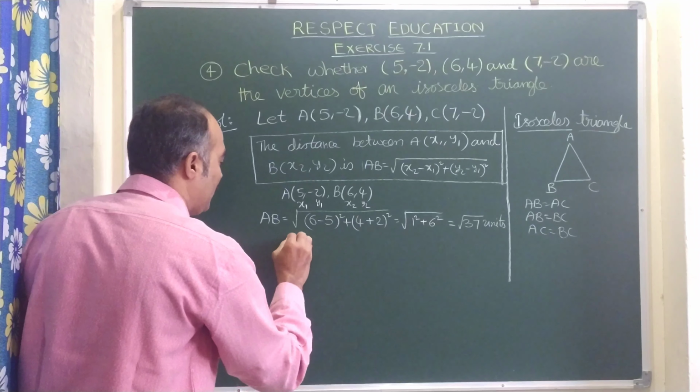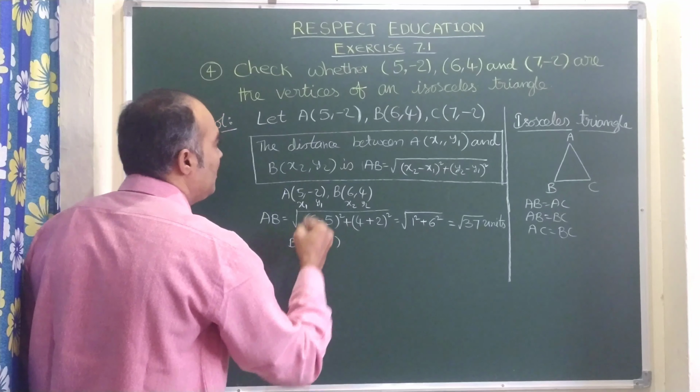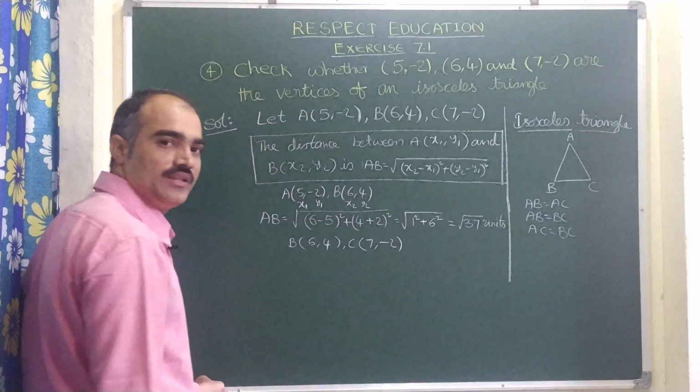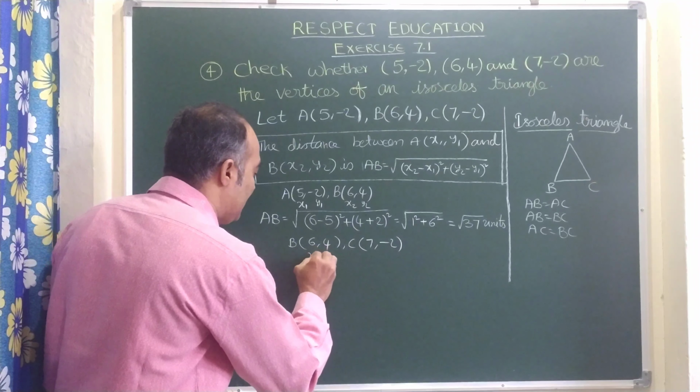For BC, I am writing B as 6 comma 4, that is x1, y1, and C as 7 comma minus 2, that is x2, y2. Now I am finding BC.